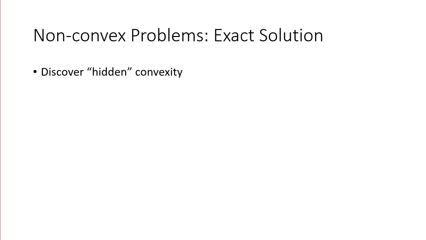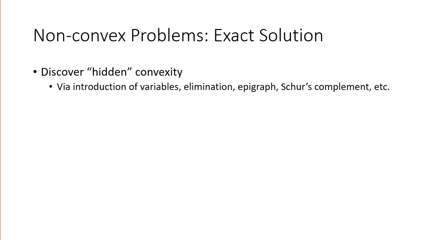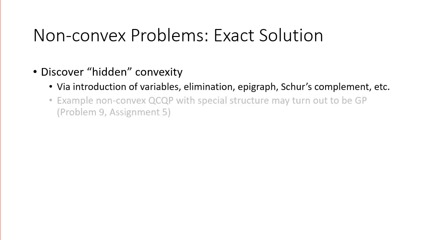The interesting example is the non-convex QCQP in assignment number 5, problem 9. That was a QCQP which was non-convex, but we were actually able to turn it into a GP because of its special structure. So this is always the first step.